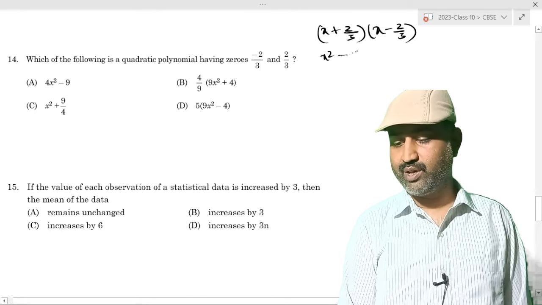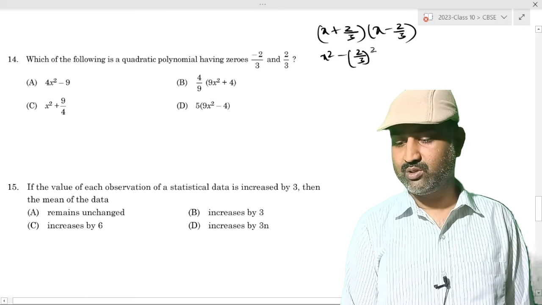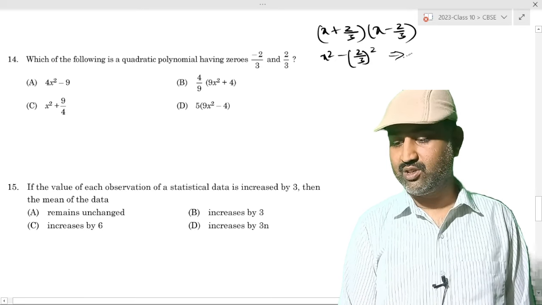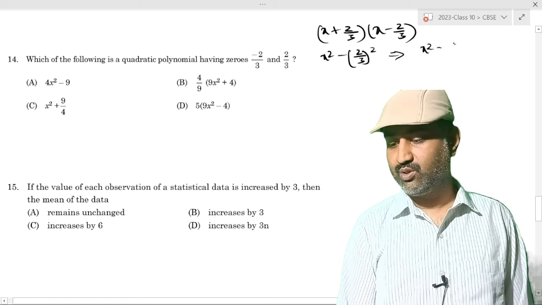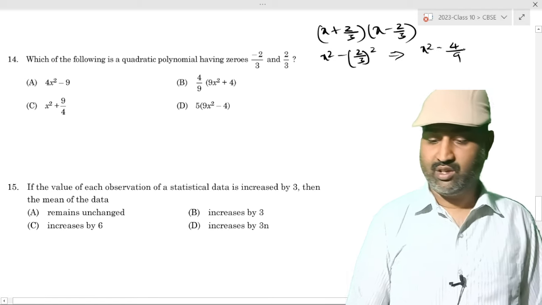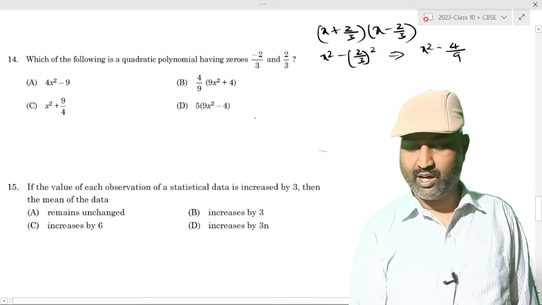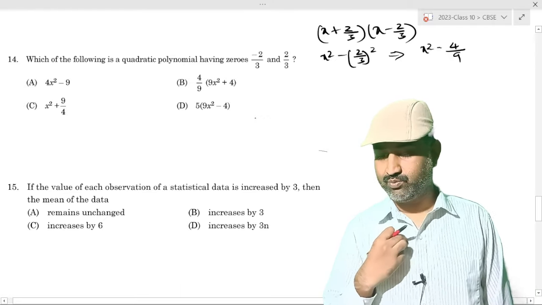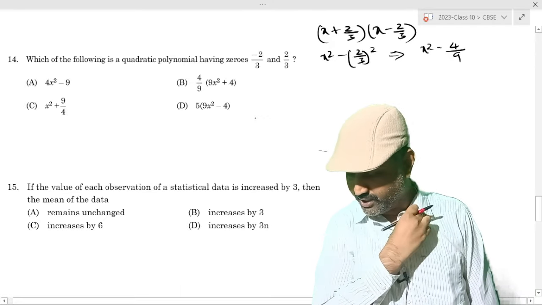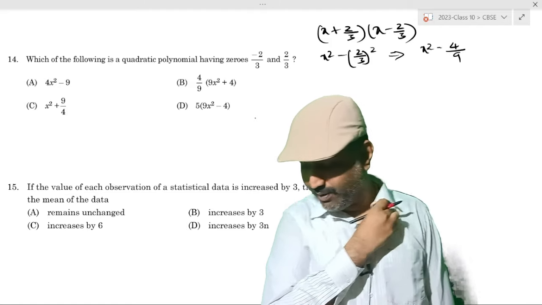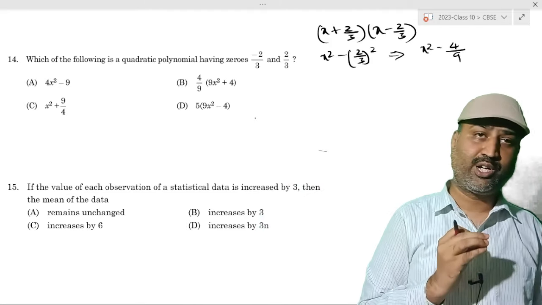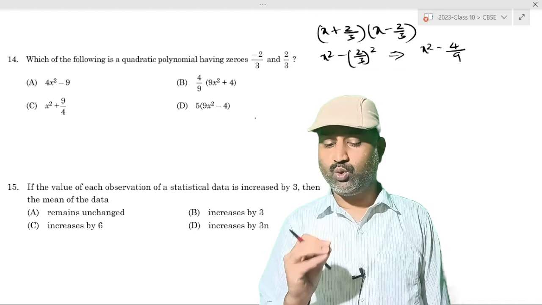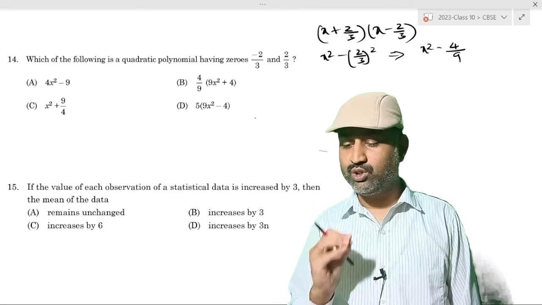Therefore, x square minus 2 by 3 whole square implies x square minus 4 by 9. I think students will get confused about where the answer is here. Remember, we have to multiply by a constant. By multiplying any constant to an equation, the roots or zeros won't change.